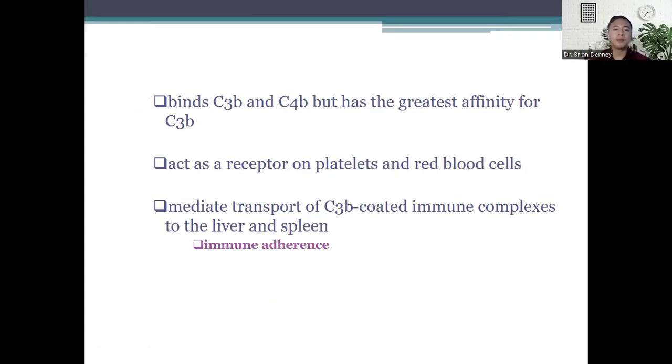So this also binds to C3b and C4b but has the greatest affinity for C3b. And this also mediates transport of C3b to the liver and spleen, also termed as immune adherence.